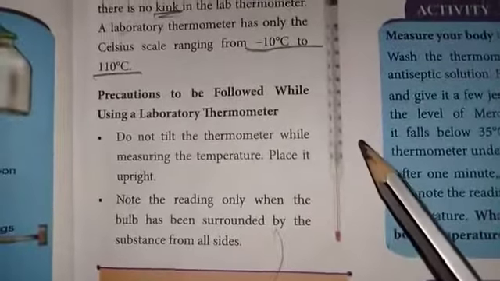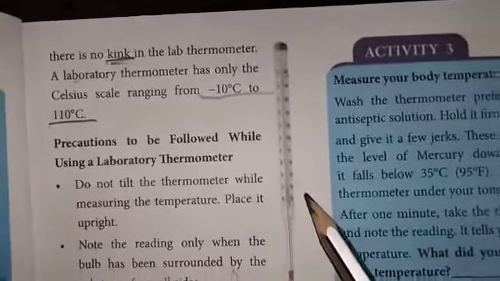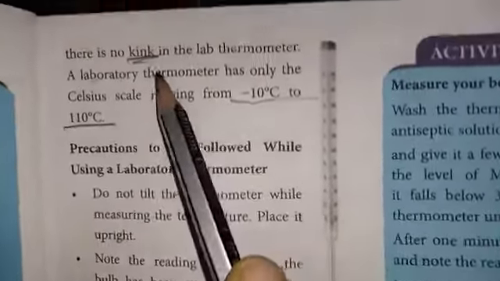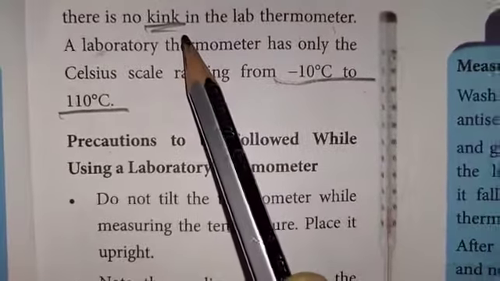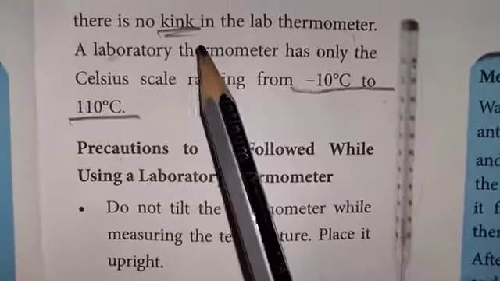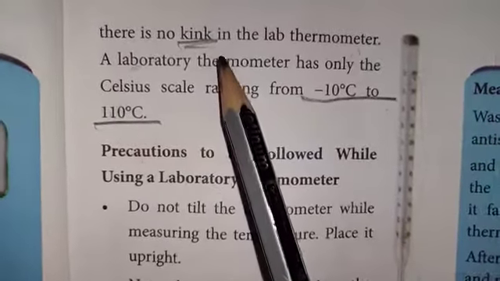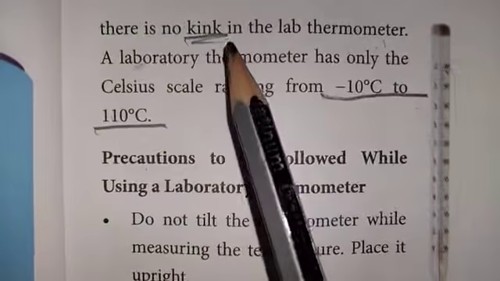Compared to the clinical thermometer, this type of thermometer is larger in size, and there is no kink in the lab thermometer. Kink, as I already told, is the part of the thermometer which helps to prevent the backflow of the mercury. But this type of lab thermometer does not have this kink part.